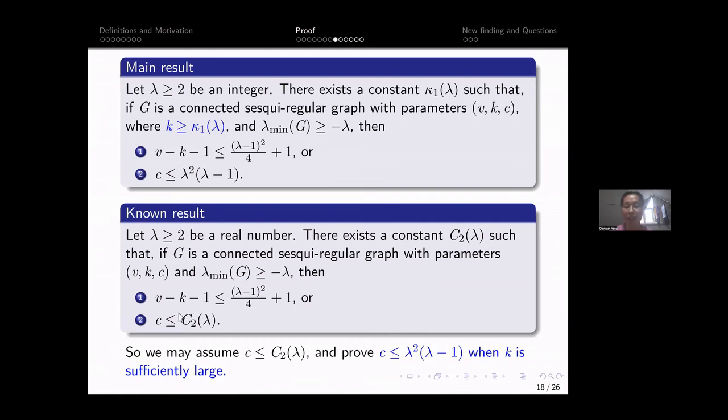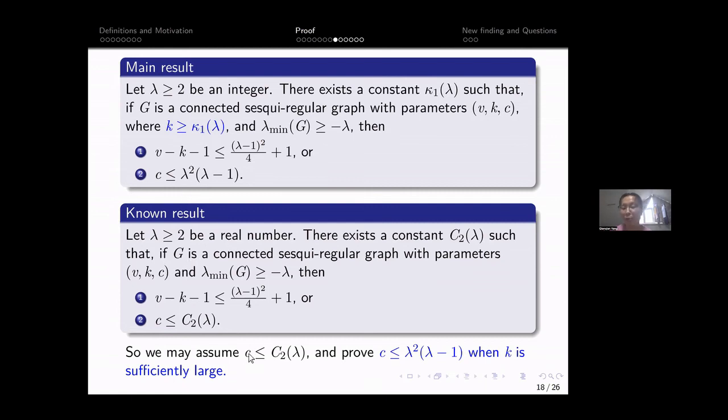The known result says that for sesqui-regular graphs with fixed smallest eigenvalue, either the parameter C is bounded or V minus K minus Y has this bound. So to prove this main result, we will use this as a known result.